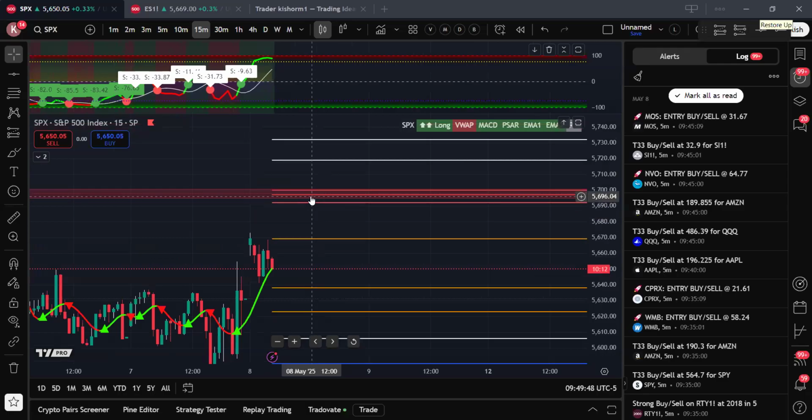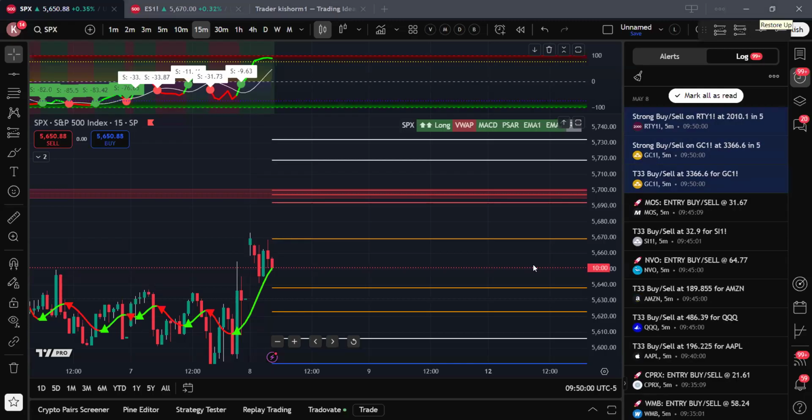If we do SPX bear calls above 5695, 5700, that is very low risk trade. So I'm entering SPX 5695 and 5700 bear call.